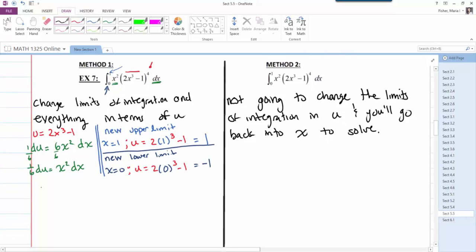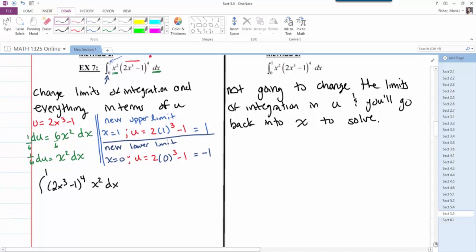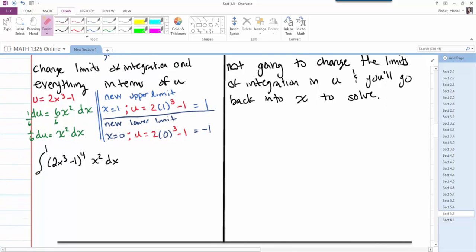So remember, we currently have the integral from 0 to 1 of, and I'm just going to rewrite it as 2x cubed minus 1 to the 4th times x squared dx. So making in our substitutions here, we know that our new lower limit of integration is equal to negative 1.